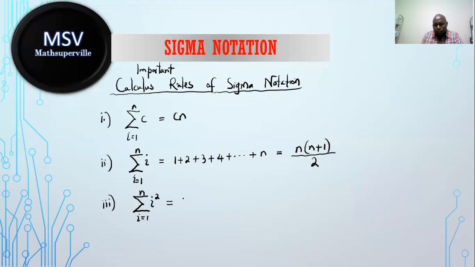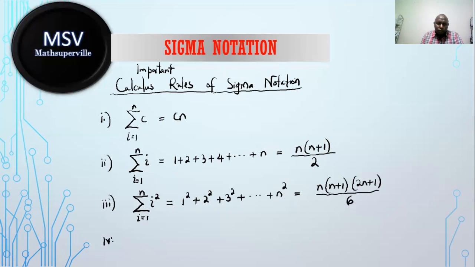So this is 1 squared plus 2 squared plus 3 squared all the way to n squared. And the result is n times n plus 1 times 2n plus 1 divided by 6.